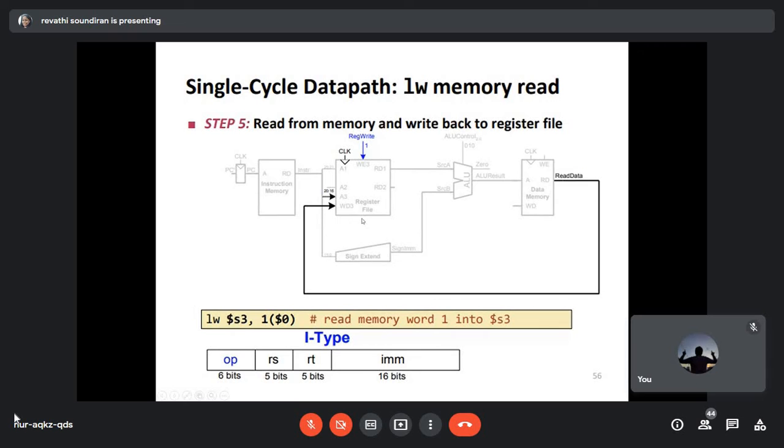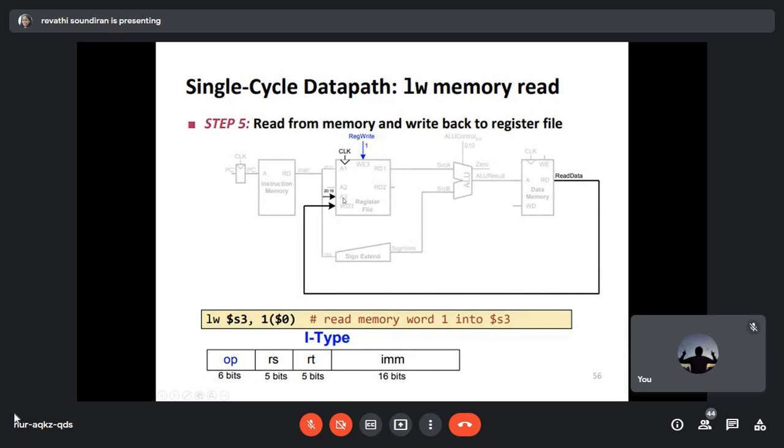The data read from the memory location is written to the address location 15 to 20. Those bits are occupied by the target or destination register, which is S3 in this case.